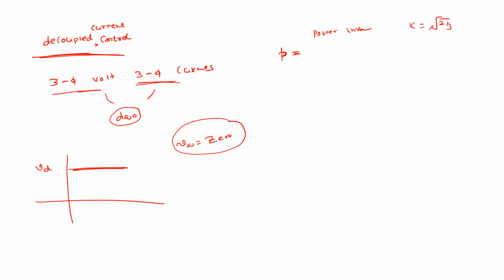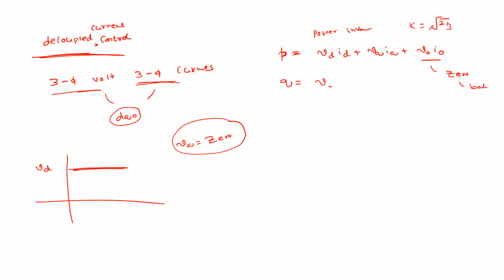So what is the active power P? You remember this: VD ID plus VQ IQ plus V0 I0. Usually the V0 I0 term is 0 for balanced. And what is the value of Q?